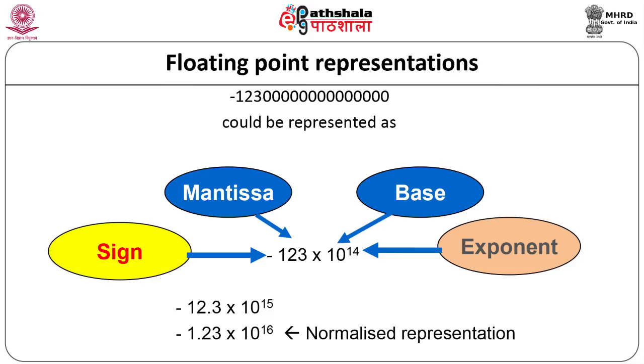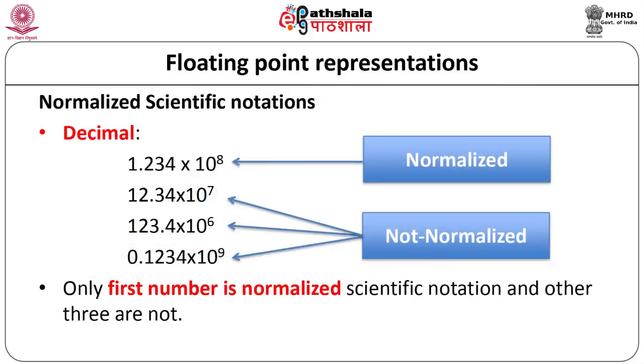Out of these, the last notation is the normalized floating point representation. The term floating point is used because there is no fixed number of digits before and after the radix point. The radix point can float.